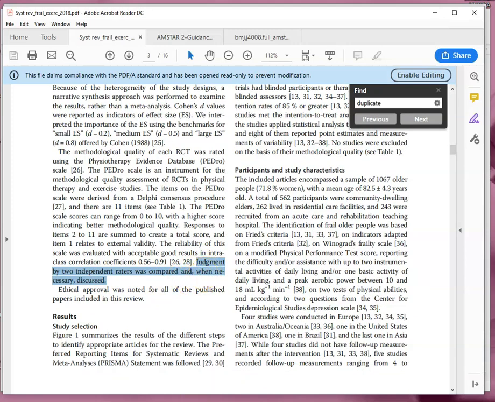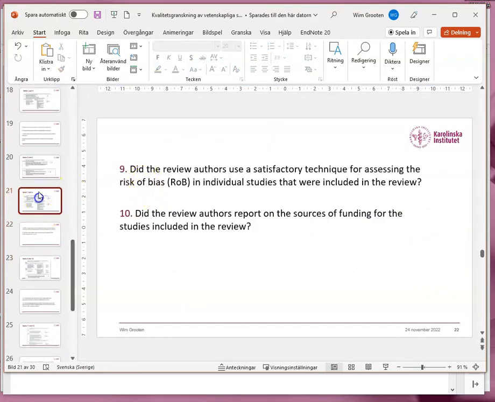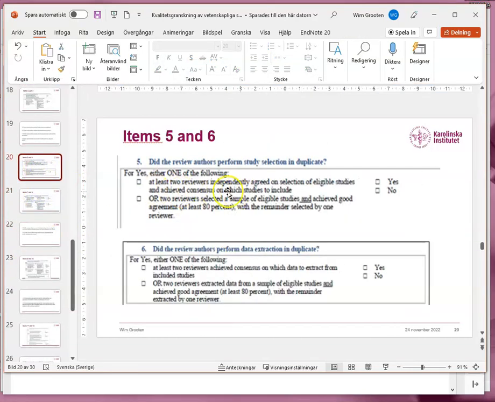Let's see how I check those 2 things. Let's go for items 5 and 6. Did the reviewers perform study selection in duplicate? At least 2 reviewers independently, or 2 reviewers selected the sample, and it's the same thing over here, and achieve good consensus.